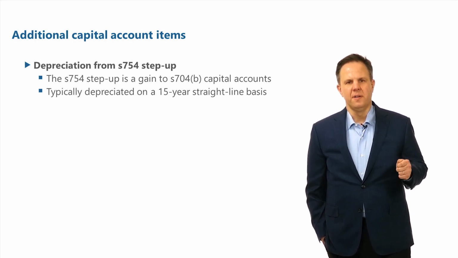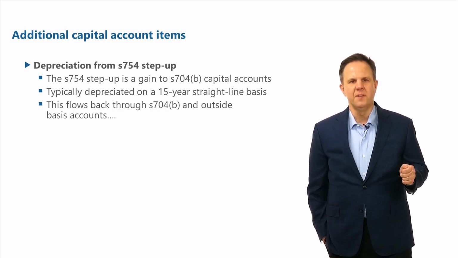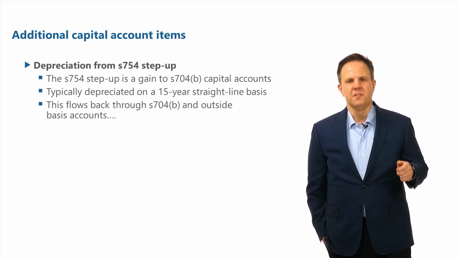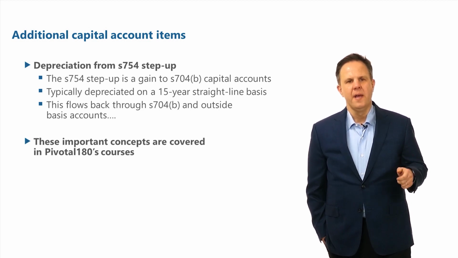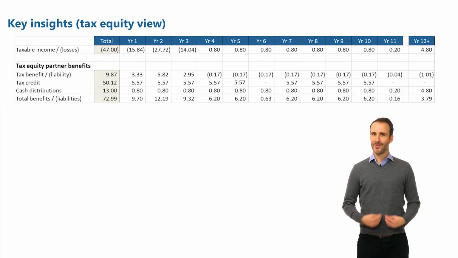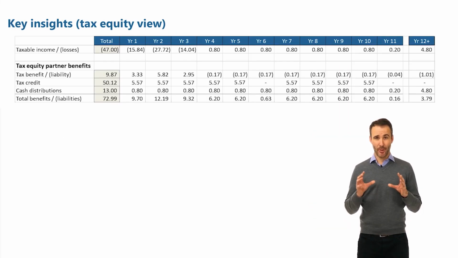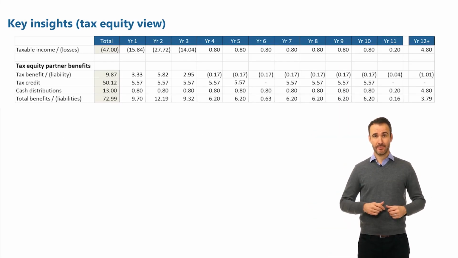So that results in additional depreciation for the partnership that will flow through to the partner's Section 704B accounts and their outside basis. You can see this is a little challenging as there's now an interdependence between the Section 704B accounts and the outside basis. We've covered many topics and looked at a lot of numbers.